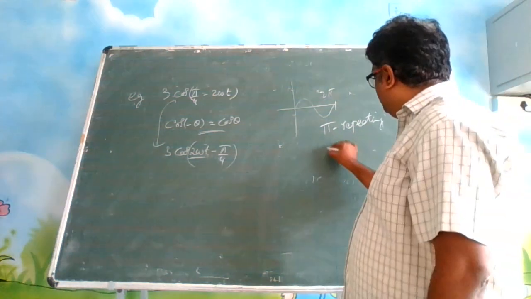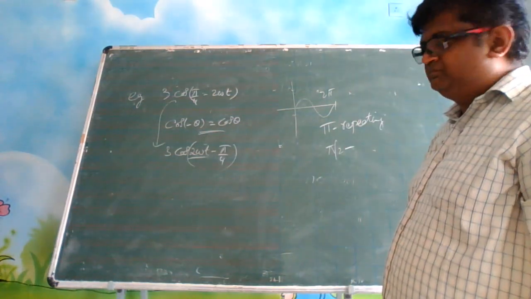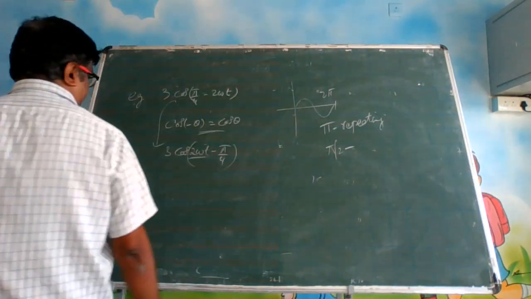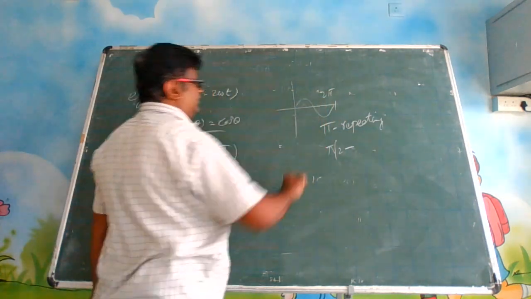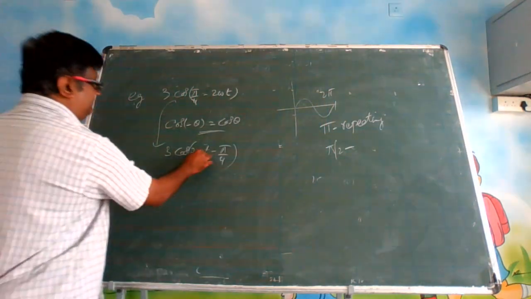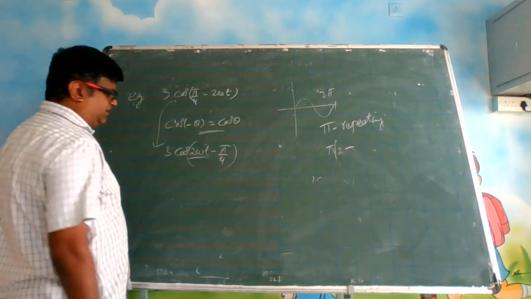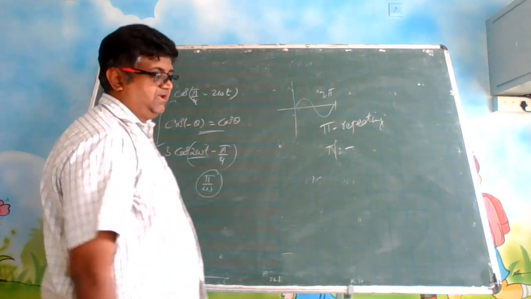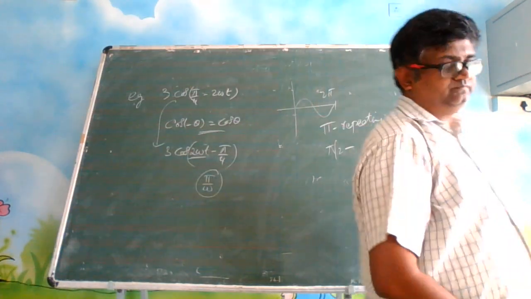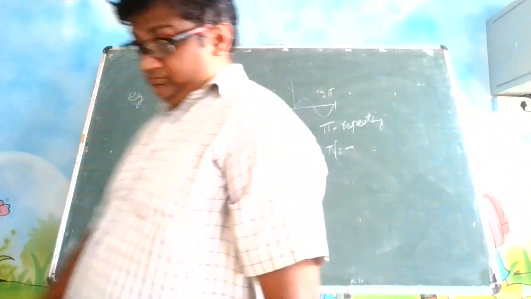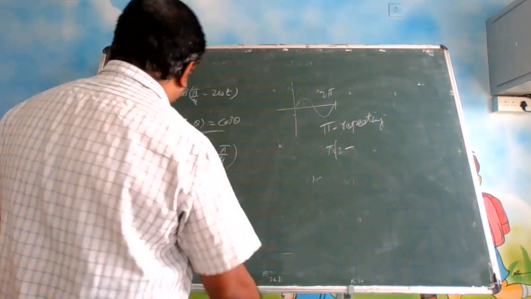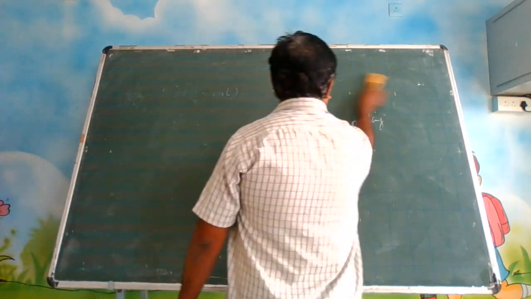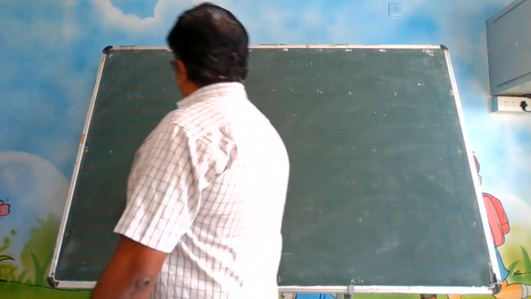There can be another function which is repeating after pi by 2 radians. It must repeat. Repeating is called a periodic function. It should not be only 2 pi. The time period of this will be different. We have done earlier also. It will be pi by omega. Pi by omega will be the time period, but it is periodic. Okay? Let us see one more.